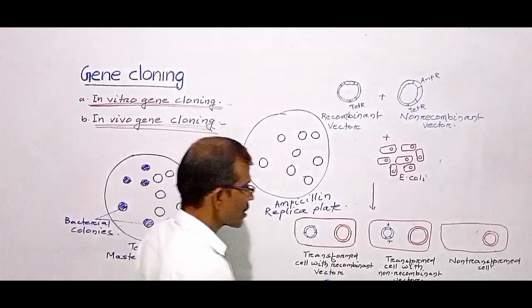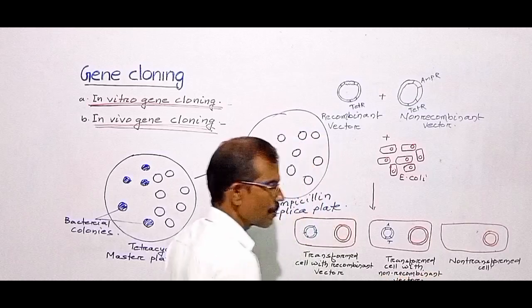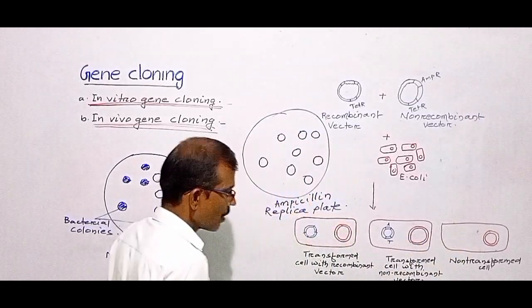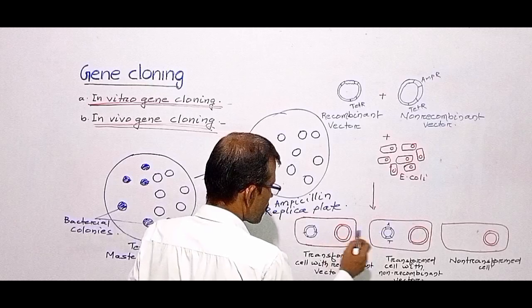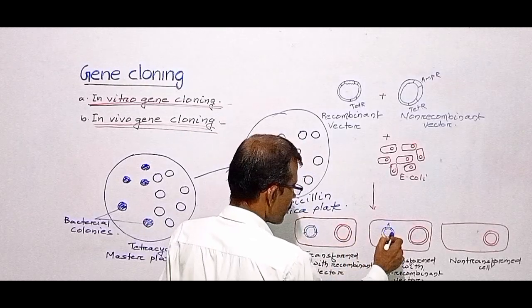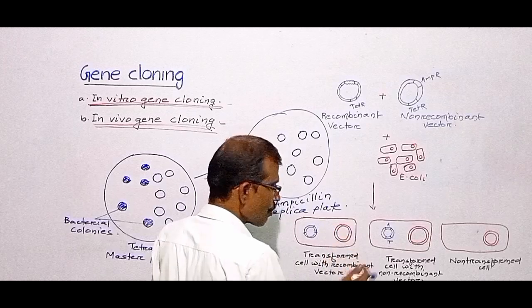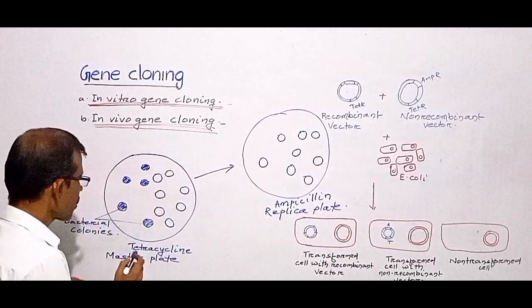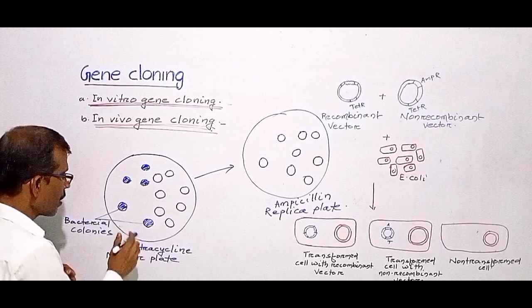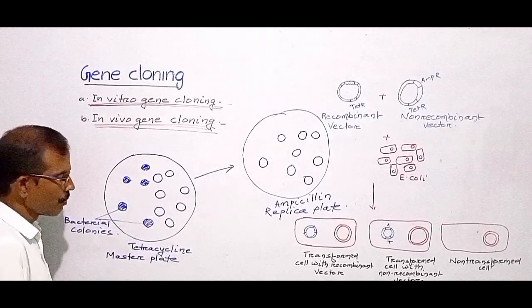As the non-transformed cells are sensitive to tetracycline, they will get killed. The remaining two types of transformed cells, one with the non-recombinant vector and the other with the recombinant vector, will survive and will be able to multiply, thereby forming two different colonies.